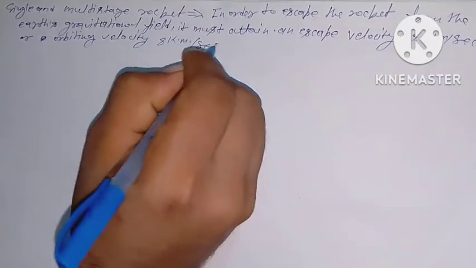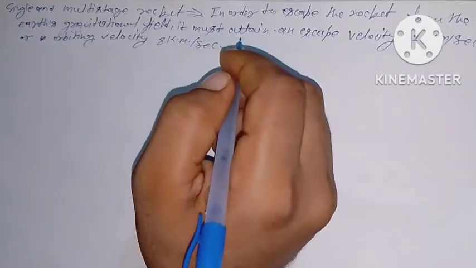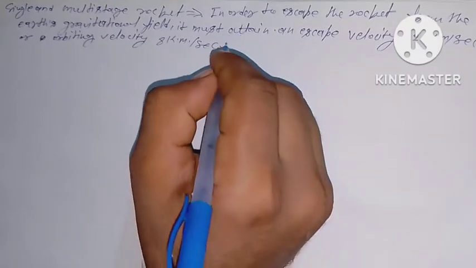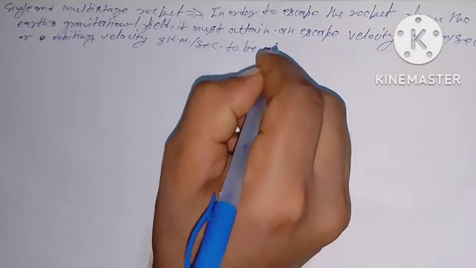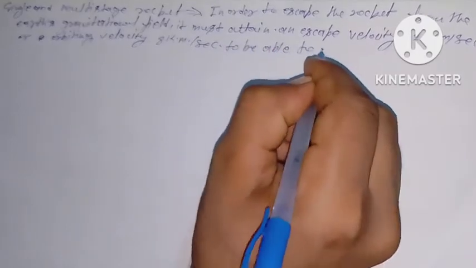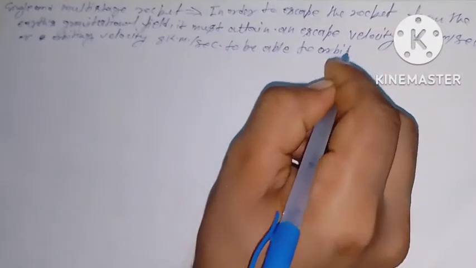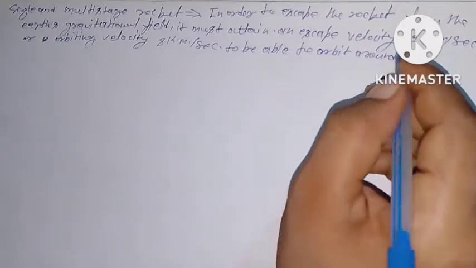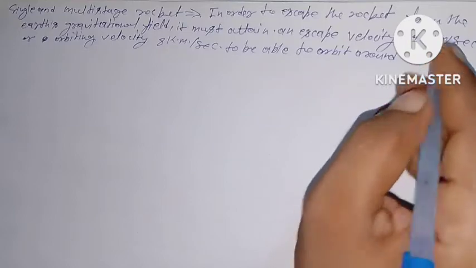to be able to orbit around the Earth close to its surface.